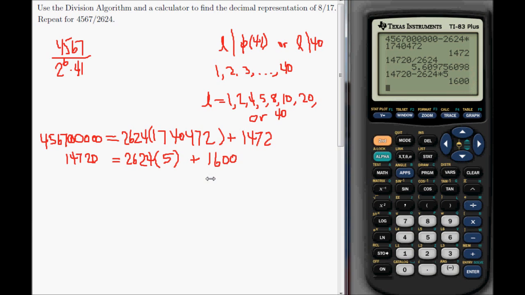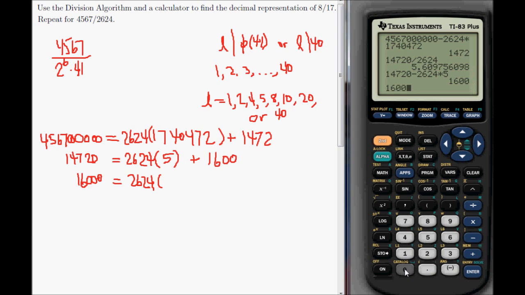Well, that's not repeated yet, so let's see if the delay has length 2. 1,600, then I multiply that by 10 and divide by 2,624 to figure out the quotient and remainder this time.